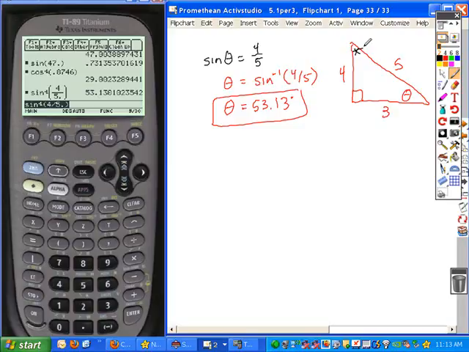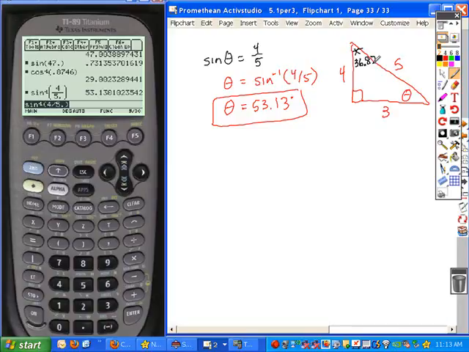Not the same. What's the total sum of these two acute angles? The complement. And so what is the complement to this angle? If you take 53.13, subtract that from 90, what should this angle up here be? 36.87, to be as specific as we can with 2 decimal places.